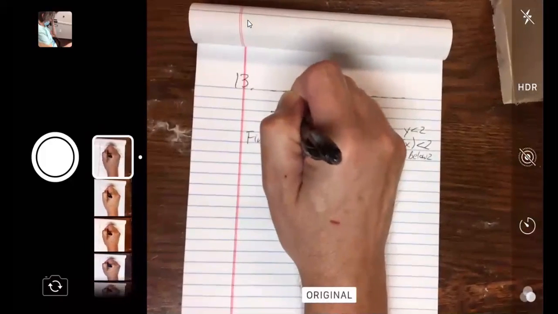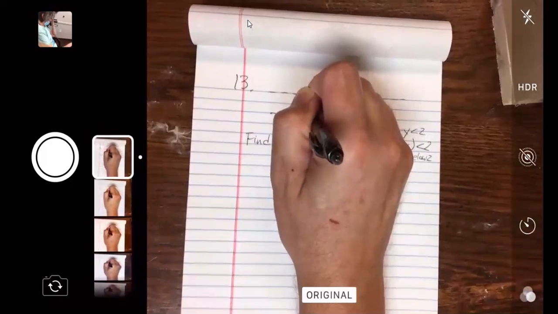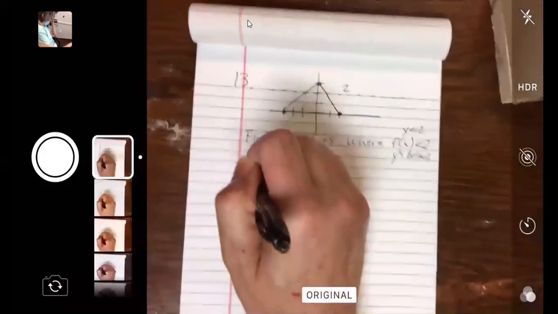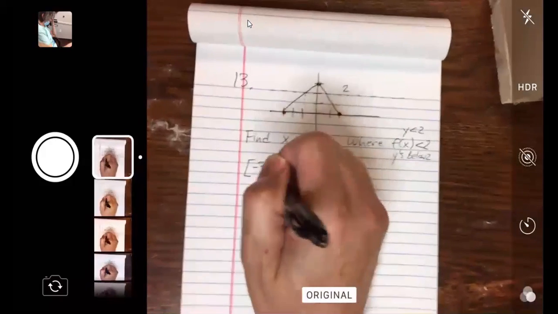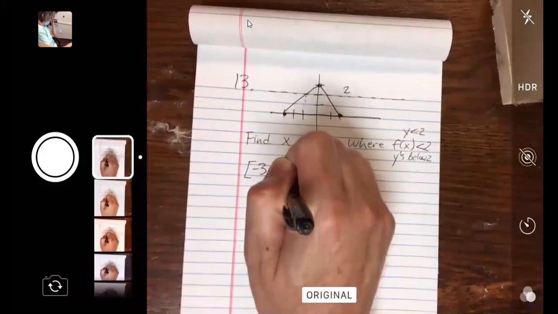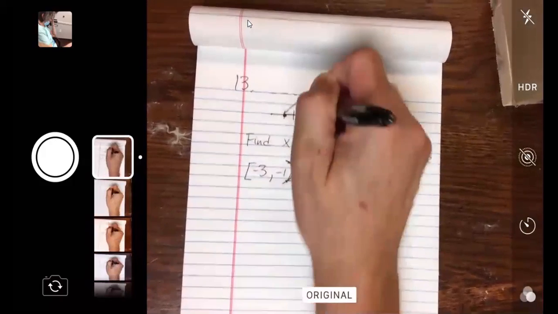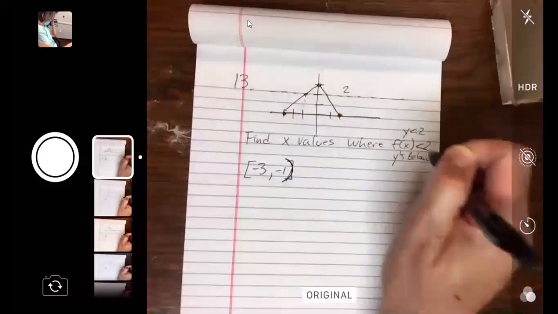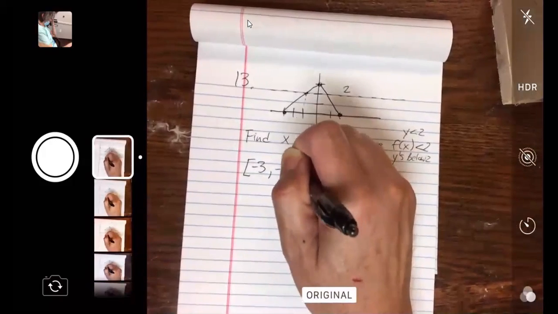You're below 2, starting at -3, and you're below 2 until you hit this point right here. And so that would be from -3 to -1. You'd have a bracket at -3 because it's a closed circle. Actually, you need a parenthesis around -1, because right at -1 you're right on 2, and we said strictly less, so that's a parenthesis.